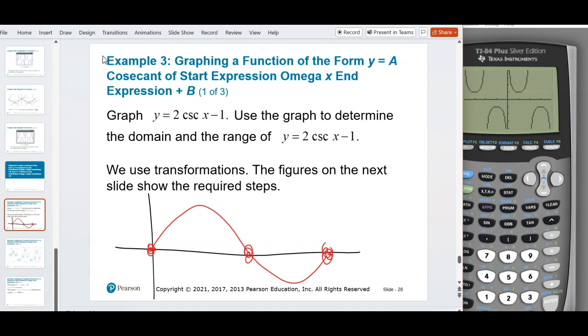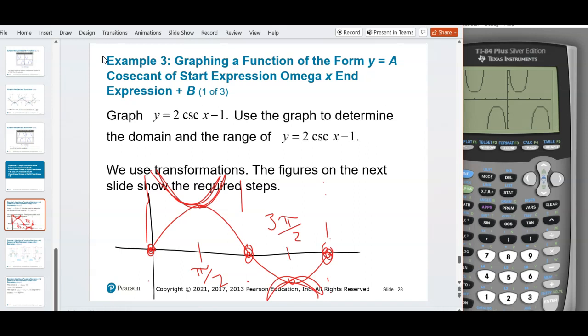Halfway between, we're back on the midline, and at a quarter of the period, pi over 2 and 3 pi over 2, we were at the max and the min, the 1 and the -1. For cosecant, that's going to be an asymptote, and that's going to be an asymptote. Then these are going to be the U shapes going away from the sine curve.